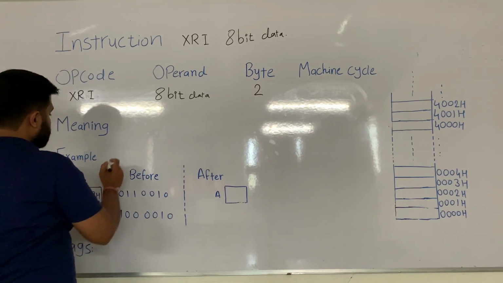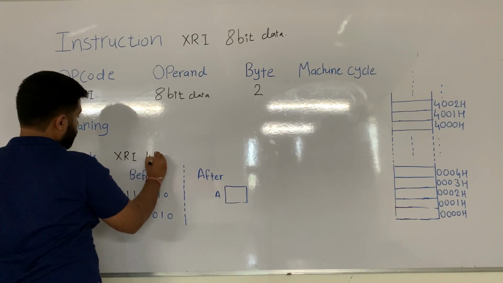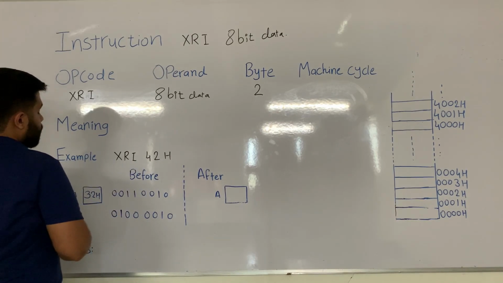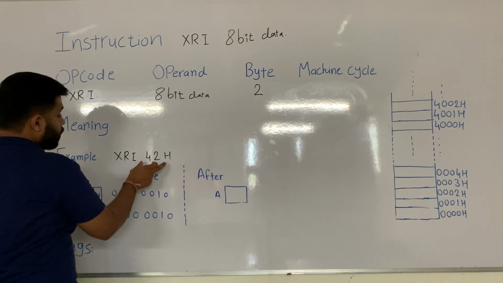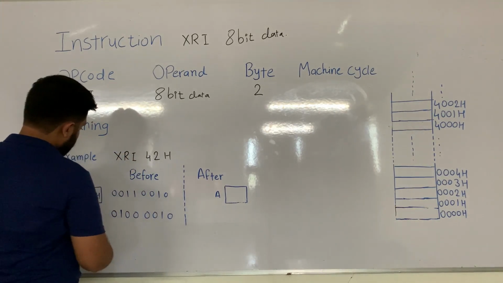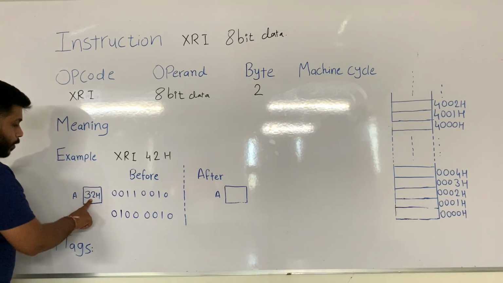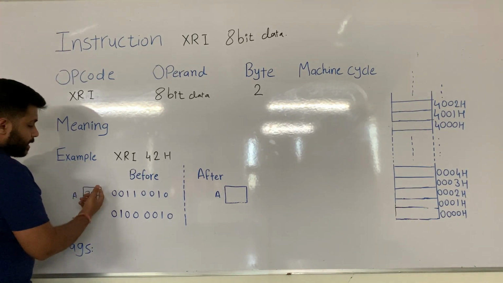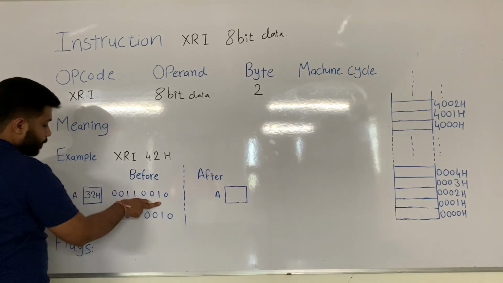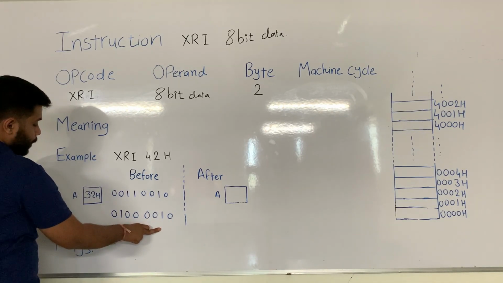Let's see an example. Suppose the example is XRI 42H. XRI 42H means logical XOR between 42H and the accumulator, and the answer will be stored in the accumulator. Before the execution, you can see that the accumulator contains 32H. H means hexadecimal. When it is converted into binary, you will get a number like this. 42H is also represented in binary.